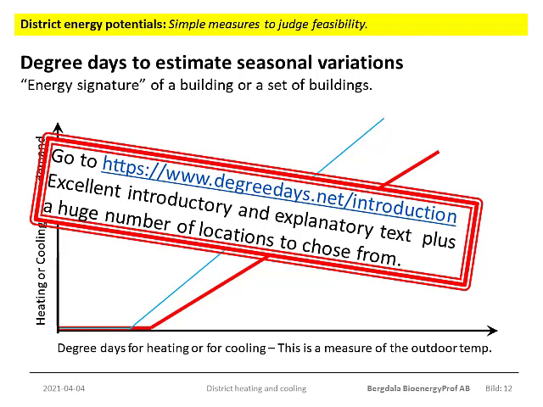If you're not familiar with the concept of degree days, then I would recommend you read the introduction at degreedays.net. That introduction will tell you everything you need to know about what degree days are and how to use them. Any degree days data you will need to solve the task by the end of this lesson are available at this site, degreedays.net.